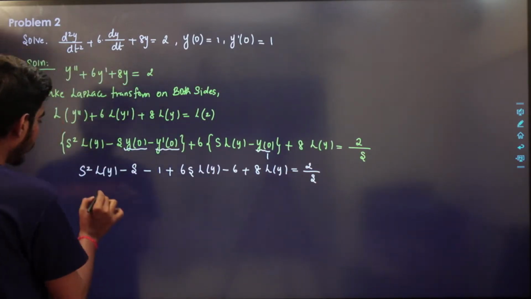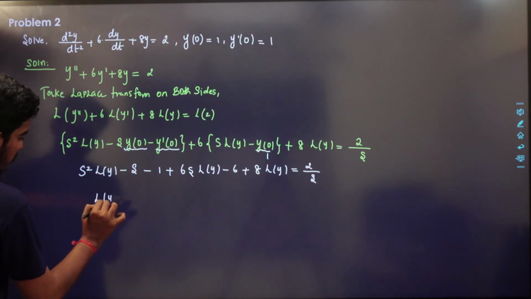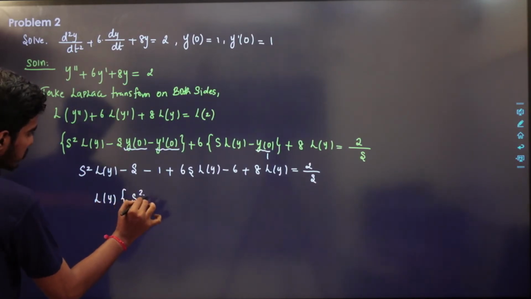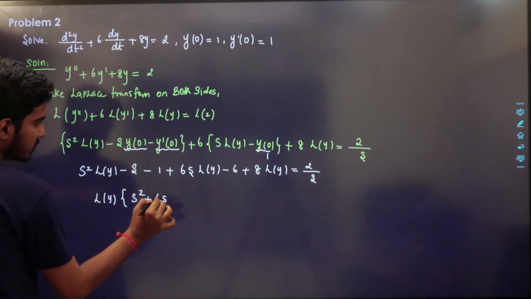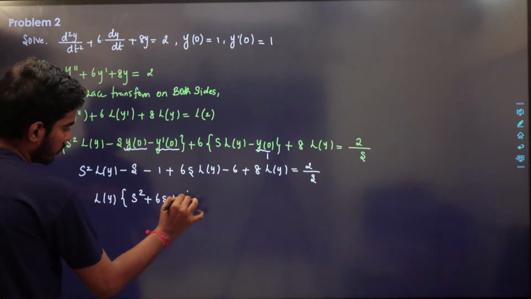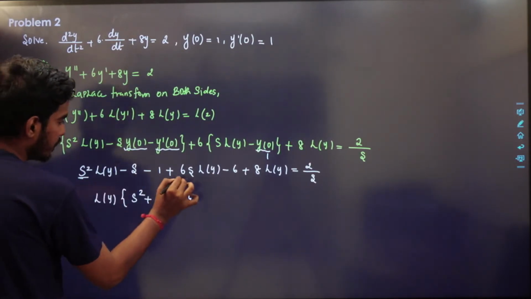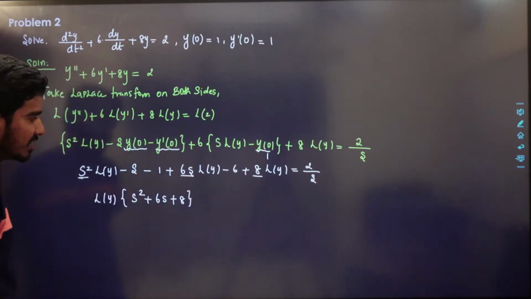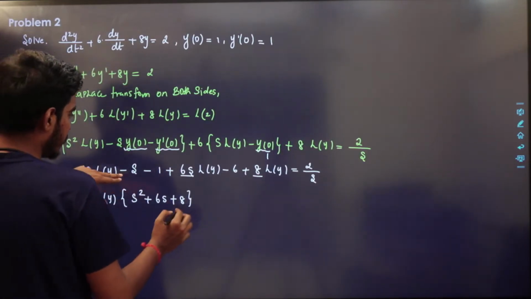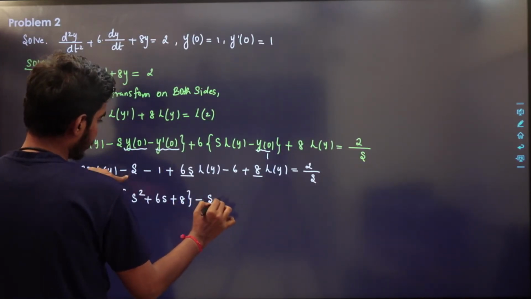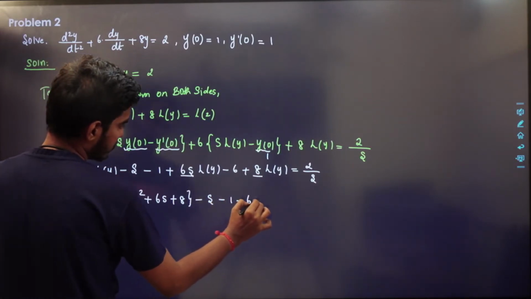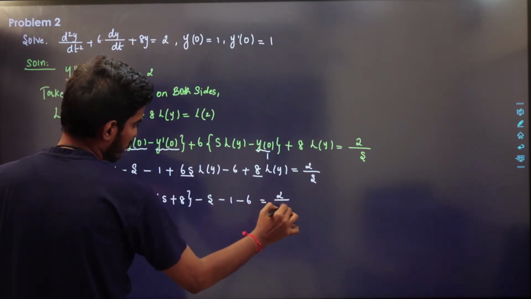Now take L of y common here. So this will be L of y into s square plus 6s plus 8, and this will be minus s minus 1 minus 6, is equal to 2 by s.